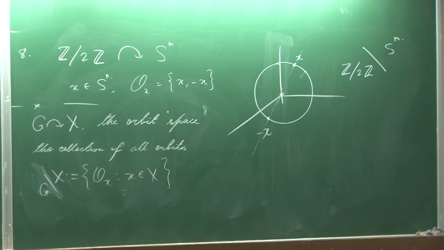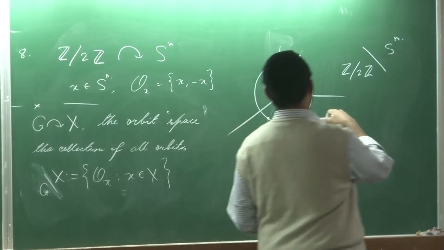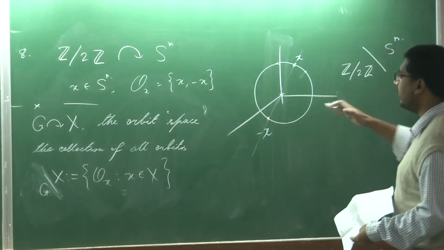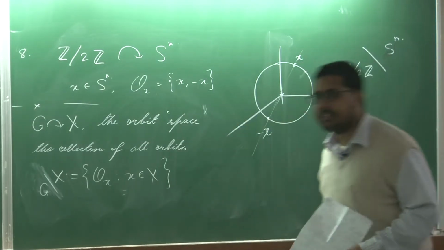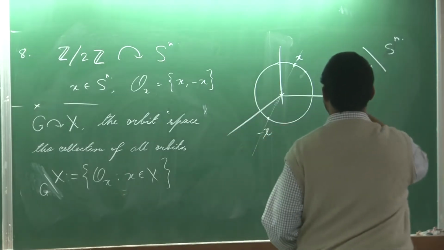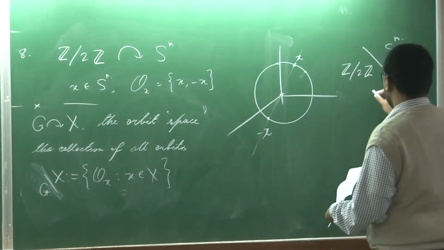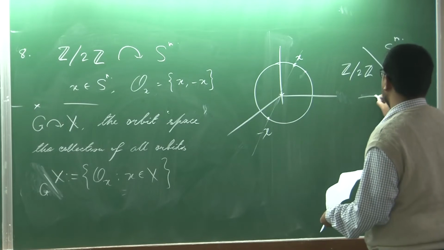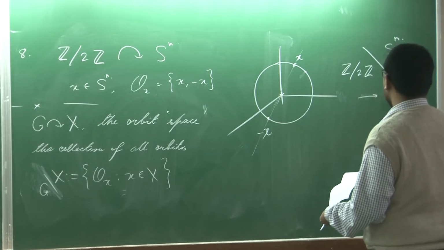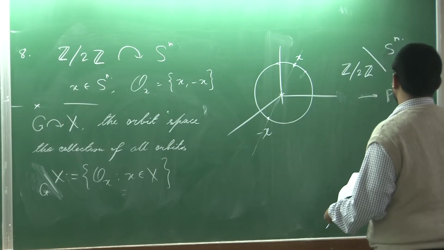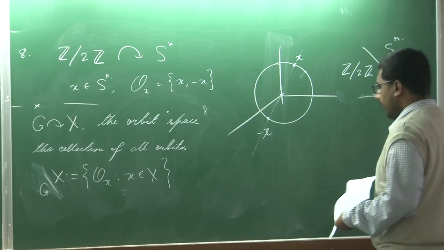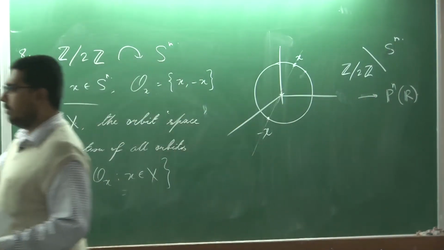So we have a natural one-to-one correspondence between this orbit space and the collection of all one dimensional subspaces of R^(n+1). The latter is called P^n F, P^n R, all one dimensional subspaces in R^(n+1).